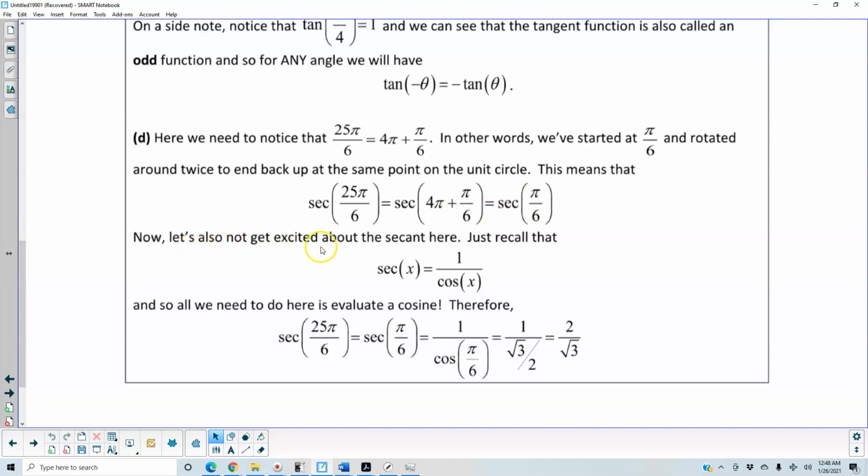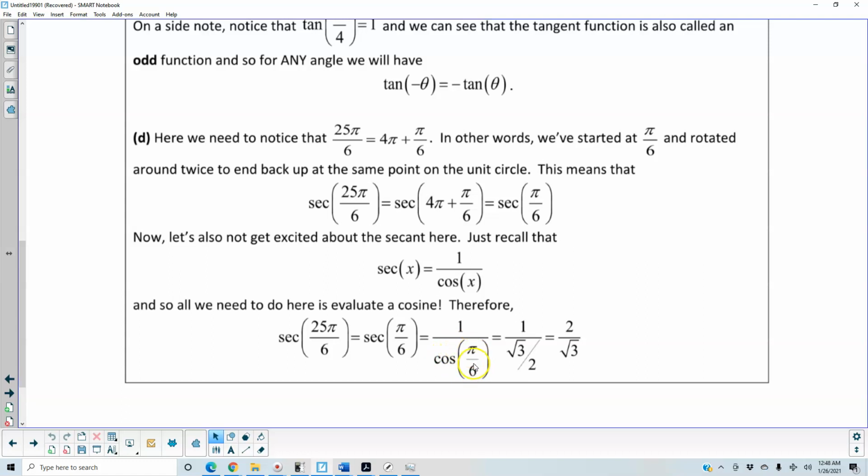Now, let's also not get excited about the secant here. Just recall that the secant of x is equal to 1 over the cosine of x, and so all we need to do here is to evaluate a cosine. So therefore, the secant of 25 pi over 6 is the same thing as secant of pi over 6, which is equal to 1 over the cosine of pi over 6.